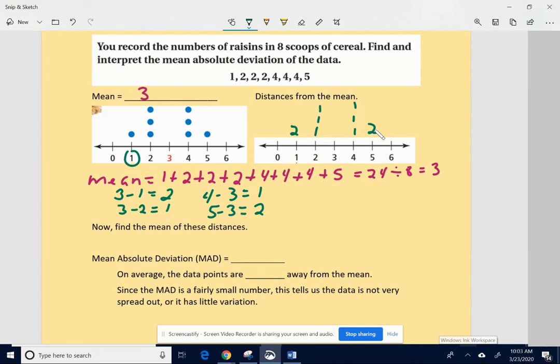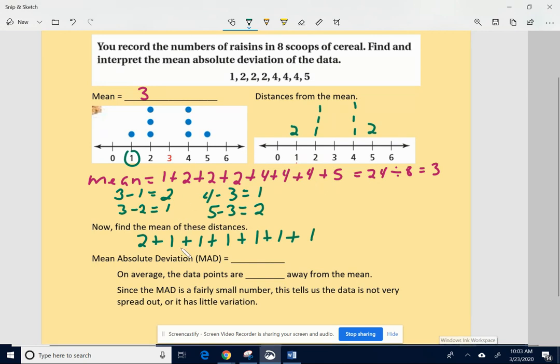So that's the first 2 things you do. You want to find the mean, then you want to find the distance each number is away from your mean, and then you want to find the mean of all of those distances. So we're going to add the 2 and the 1 and the 1 and the 1, and there's 3 more 1's.